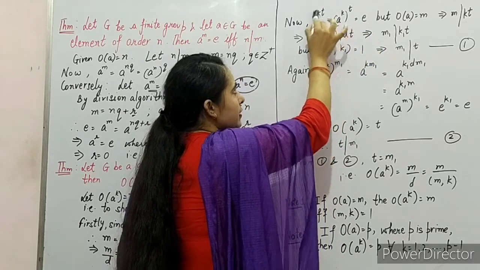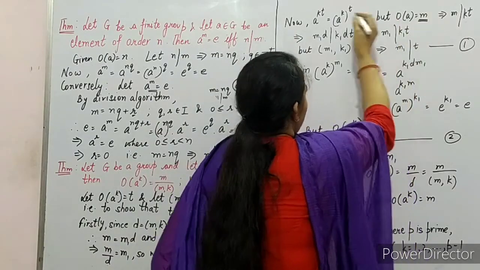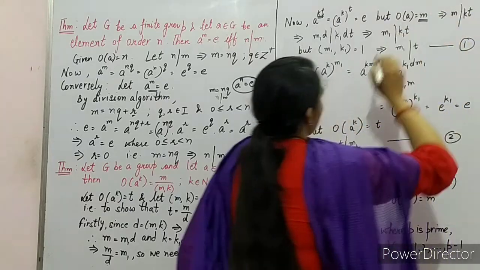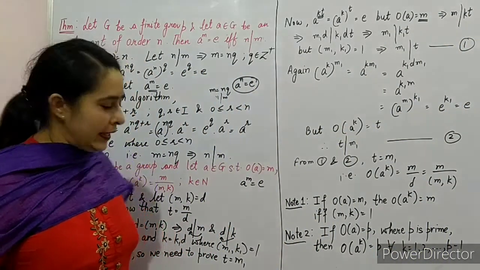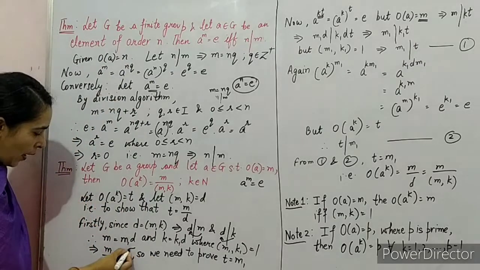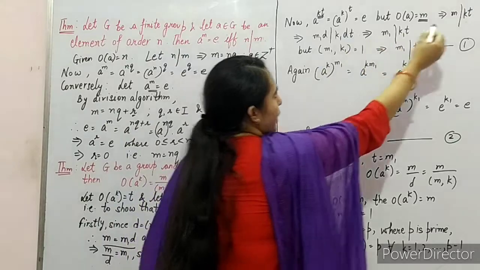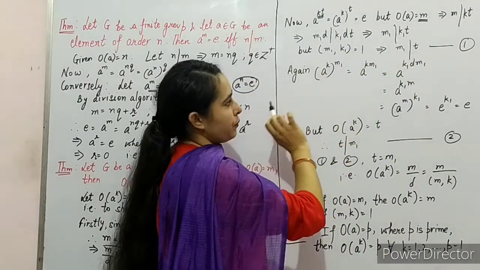So the order m must divide kt. This implies m divides kt. Now substitute the values of m and k: m is m1d, k is k1d.